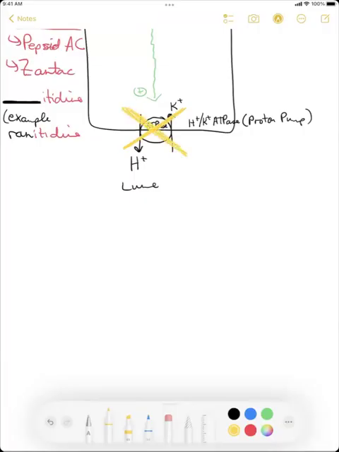If we block the pump itself, we call these proton pump inhibitors. Sometimes these are referred to as PPIs. It literally blocks the proton pump.